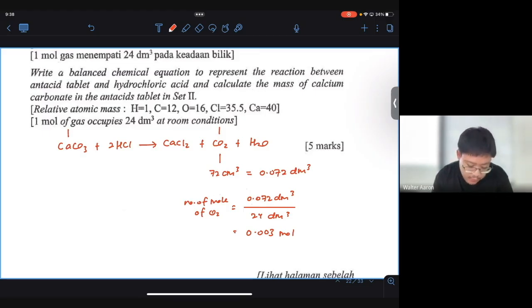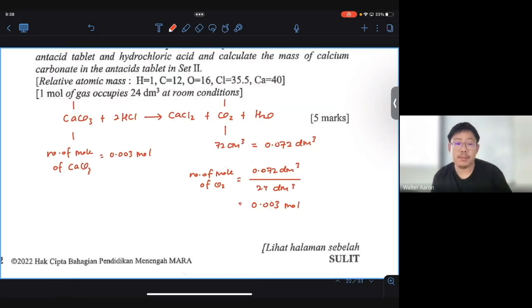All right, so therefore the number of moles of calcium carbonate will also be 0.003 mole. To get the mass of calcium carbonate needed to release the amount of gas, you have to calculate the number of moles multiplied by the molar mass. So let's calculate the molar mass and see, okay?